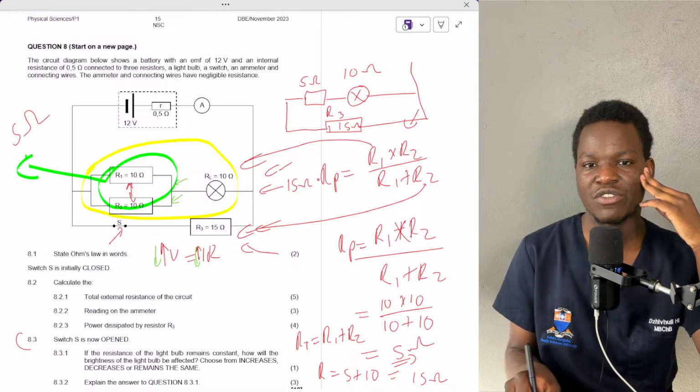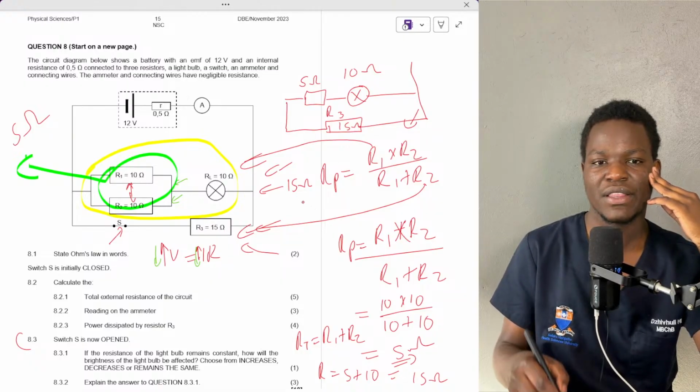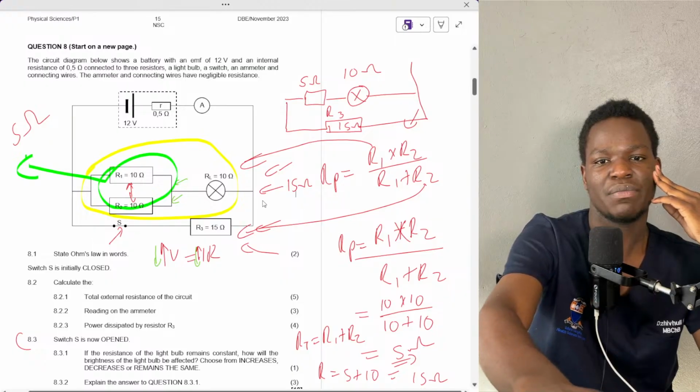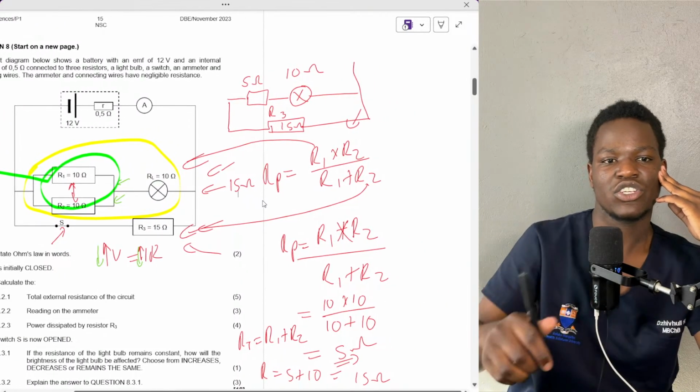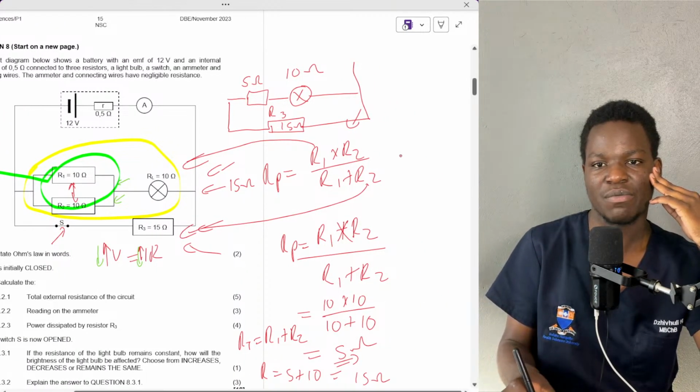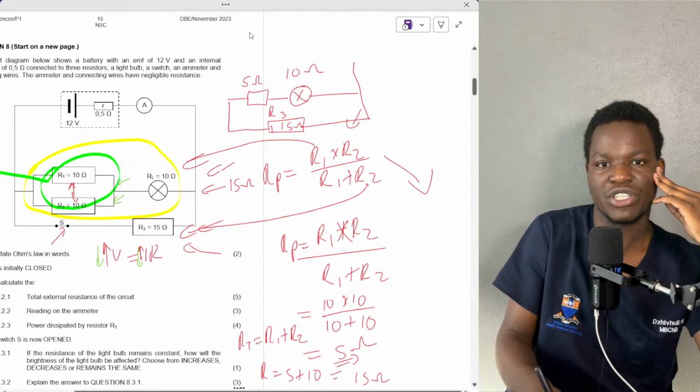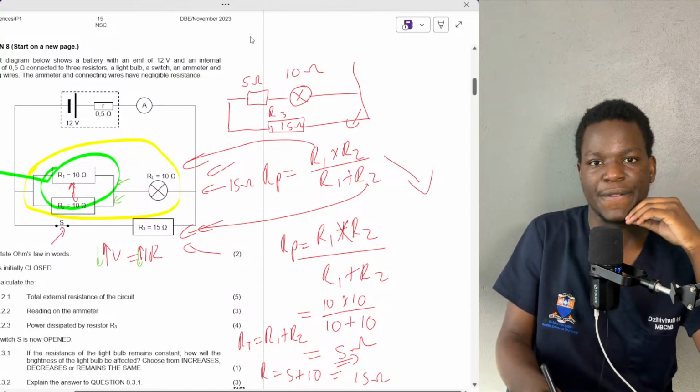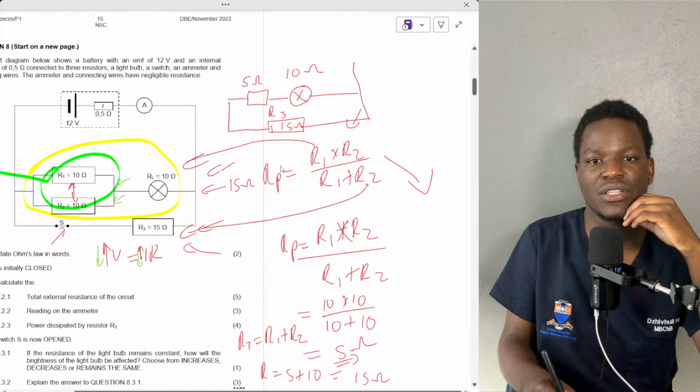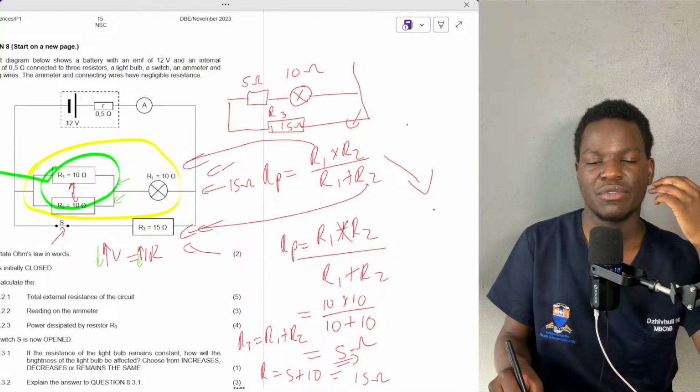Now because of these 15 ohms, how do we get our total resistance? We come back to this formula. Let me show us the formula, this very same formula. Now let me change the color.